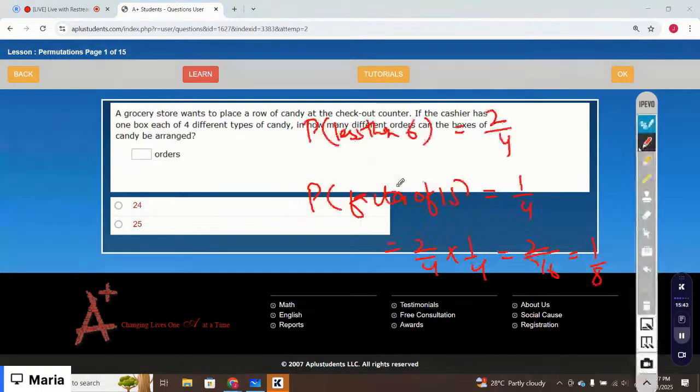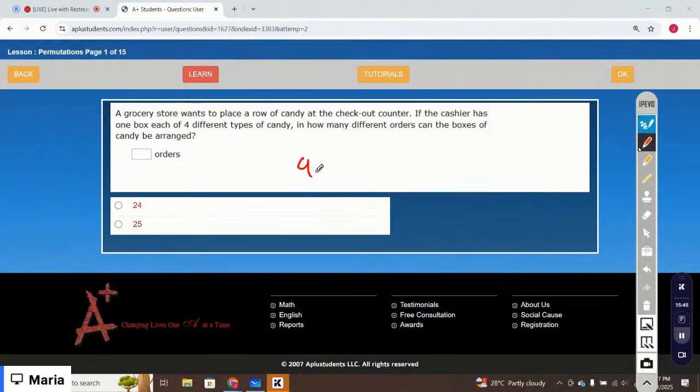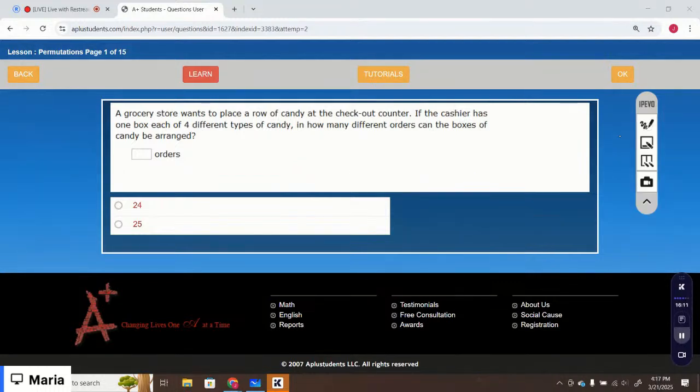So you have to do 4 factorial, that is 4 times 3 times 2 times 1, that equals 24. Option number 1 is the correct option.